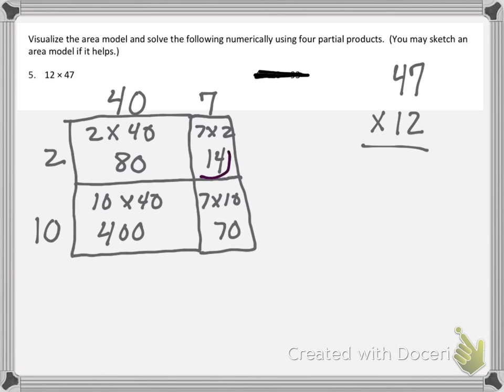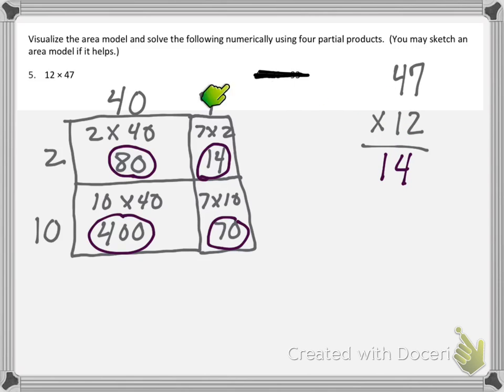Now this is a partial product. Here's a partial product. Here and here. And we have to take each one of these partial products and move them over. But let's do them in the correct order. Notice we have the first number, 2 times 7. 2 times 7, 14. We're going to put a 14. Moving on with multiplying by that 2. We're going 2 times 40. 2 times 40 is an 80.